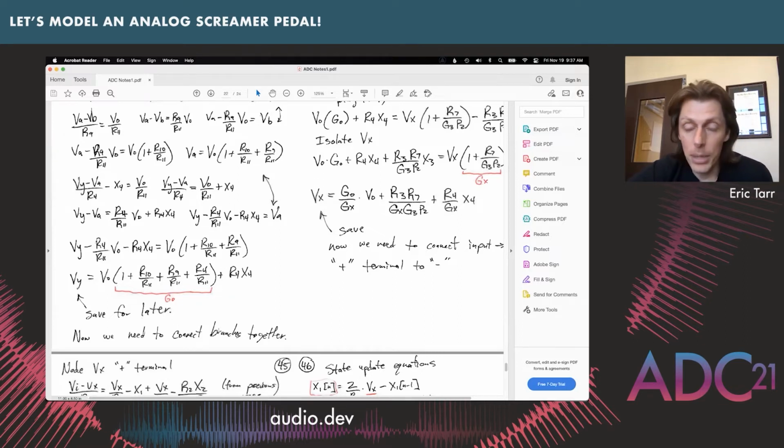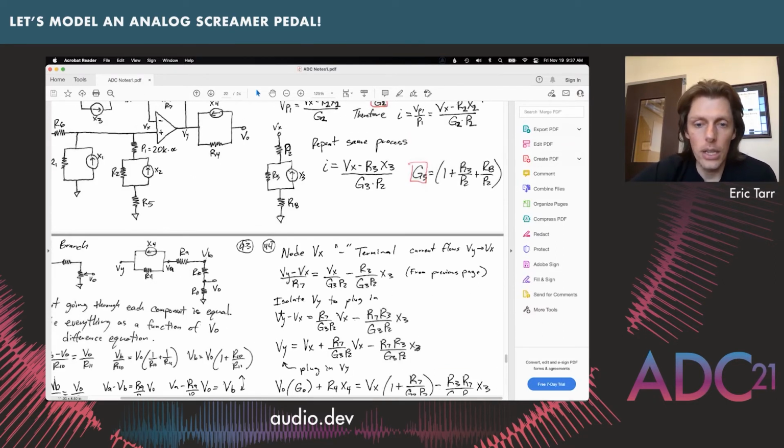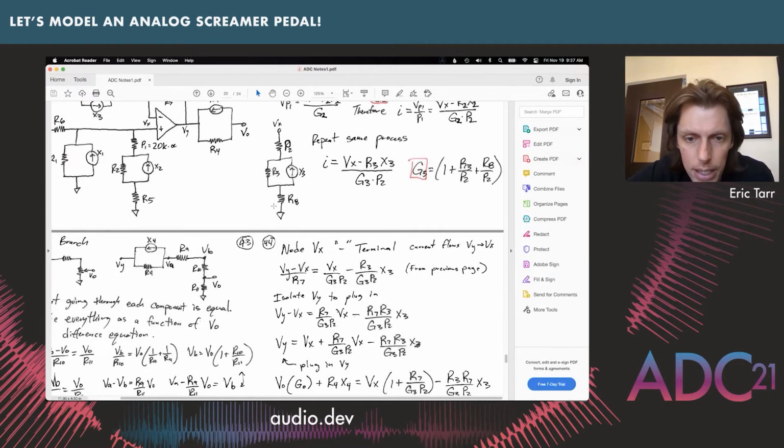So we have a bunch of these things now laid out with Vx for the different parts, and we also have a Vy. Now we need to go through and connect our branches together. So let's start at our beginning. My next step is connecting our node Vx to Vy in this way.